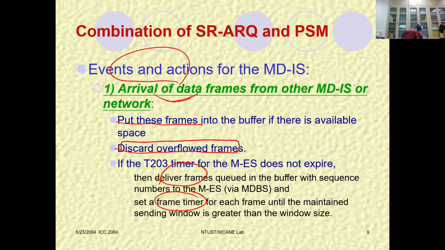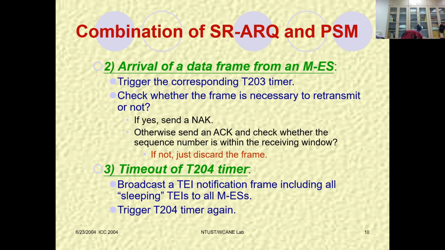And also we have the window, a sending window, which will be maintained. If we still have available space within the sending window, then we can send the frame further. Next one, the arrival of a data frame from an MES.